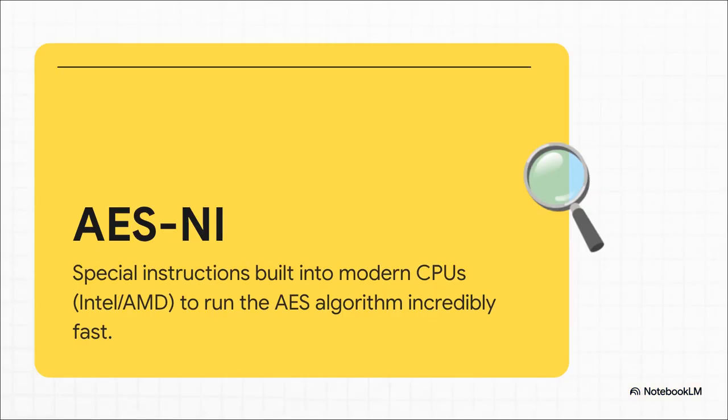The secret sauce is something called hardware acceleration, specifically a feature called AES-NI. See, modern processors from Intel and AMD have special instructions baked right into the silicon, and these instructions have one job, and one job only: to run the AES algorithm and to run it insanely fast.